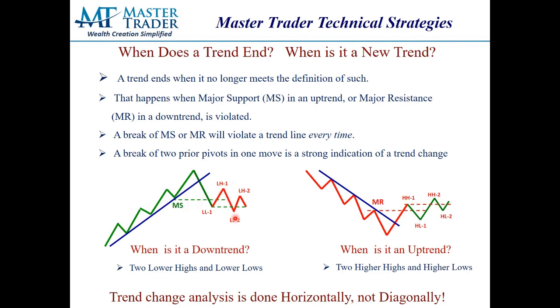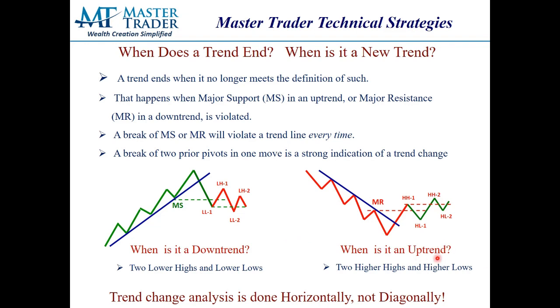Once it turns down and pushes through lower low 1, we then have obviously lower low number 2, which then makes the assumption, because it's breaking lower here, that it's going to make lower high 2. So once it pivots here at lower high 2, we have lower highs and lower lows. We say the trend is now down.